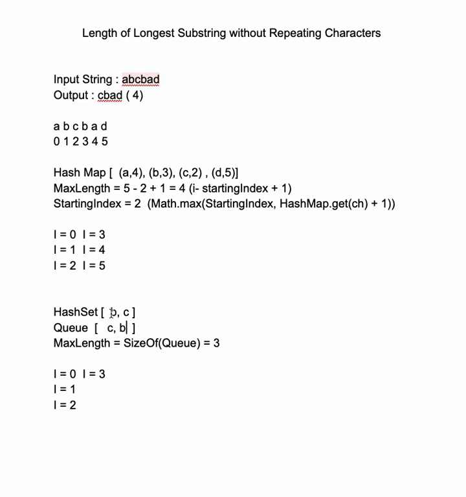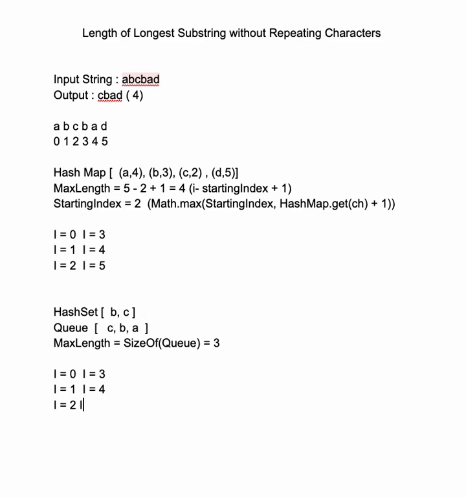But we need to remove A from the hash set as well, since we are removing it from the queue. Now at I equal to 4, A is not present inside the hash set, so we'll add it to the queue. The max length is the size of the queue, which is 3, it is the same, so we need not update that. It means that the longest substring ending at I equal to 4 is CBA, which is the characters present in the queue.